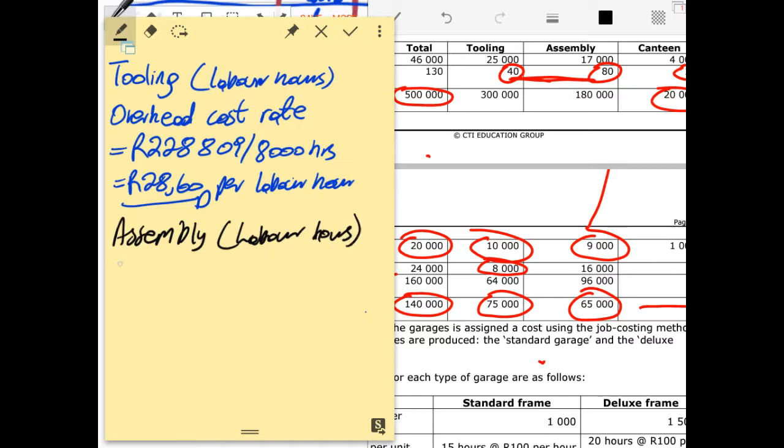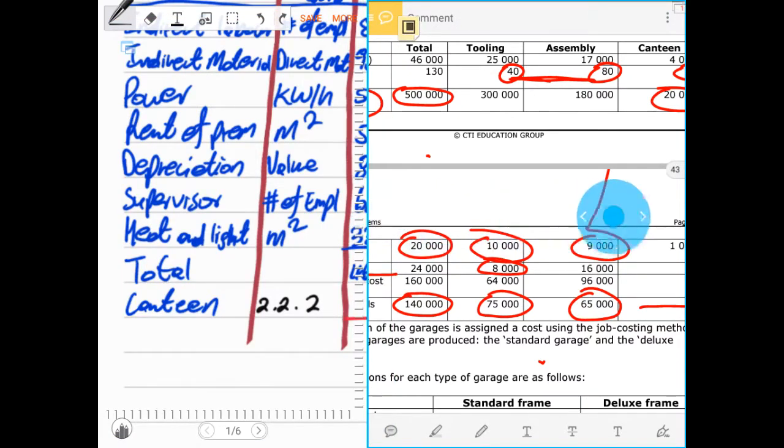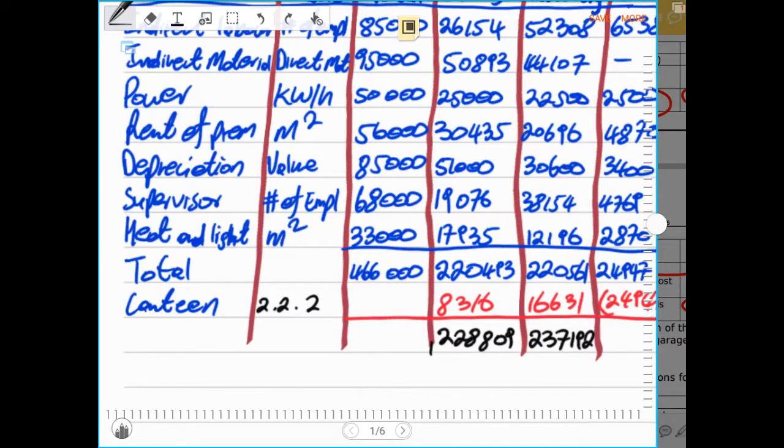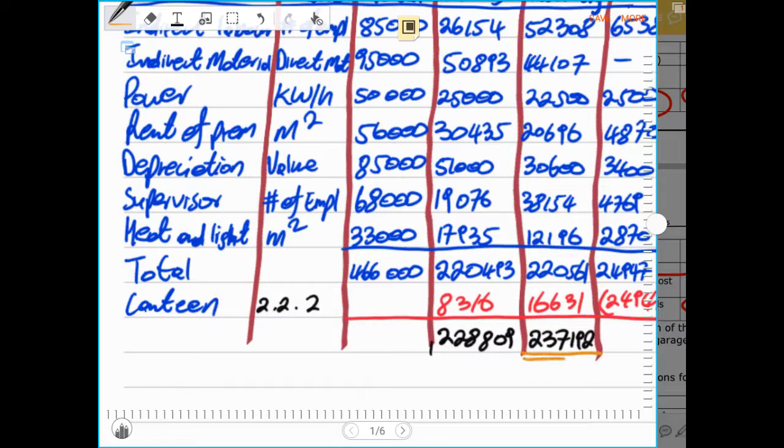We are calculating the overhead rate or overhead cost rate, and our total overhead for the assembly department is given. There is the total overhead for the assembly department, 237,192.